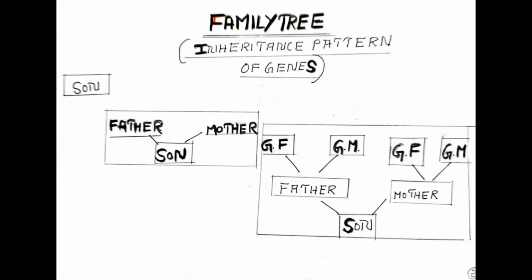So genes are inherited from both the parents, father and mother. Now observe the third box. If you consider the son, genes are inherited from the father, but again those genes are inherited from grandfather and grandmother. And if you consider the mother's side, again the mother's genes are inherited from grandfather and grandmother.